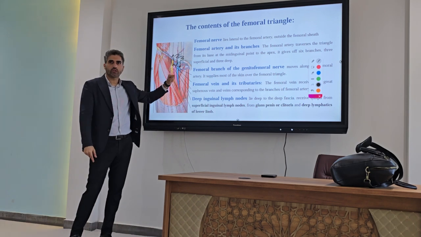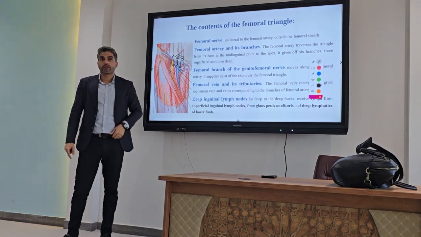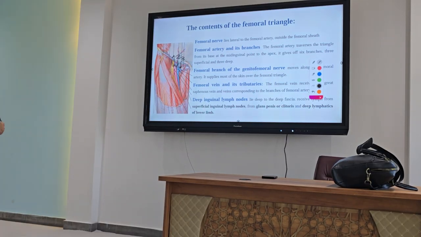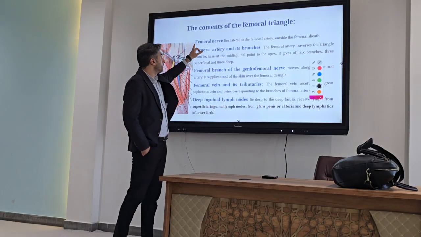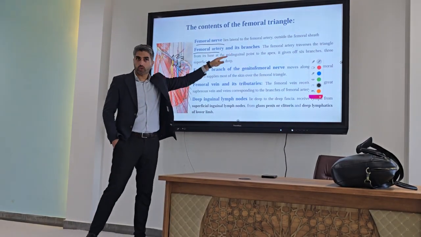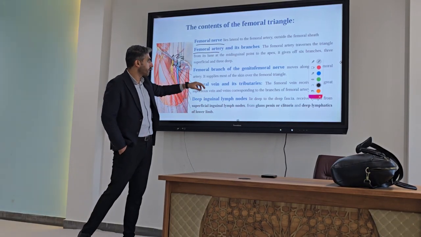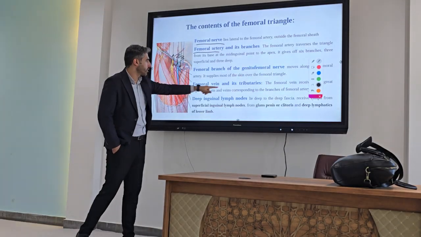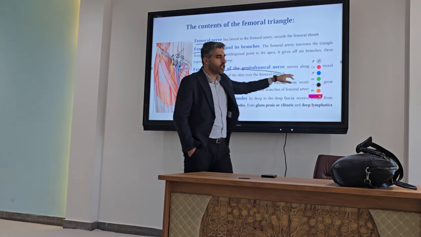So these three structures, femoral nerve, femoral artery, and femoral vein, they are inside of the triangle. So the contents of the femoral triangle: femoral nerve from lumbar plexus, femoral artery, I will explain for you what is the origin, femoral vein, femoral branch of the genitofemoral nerve.